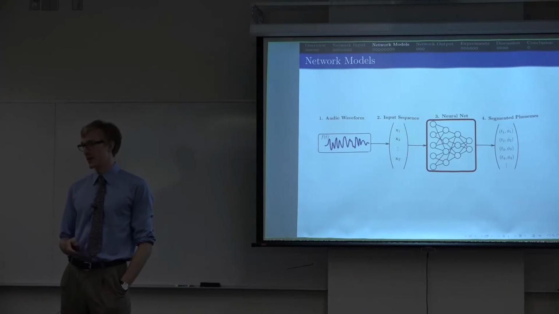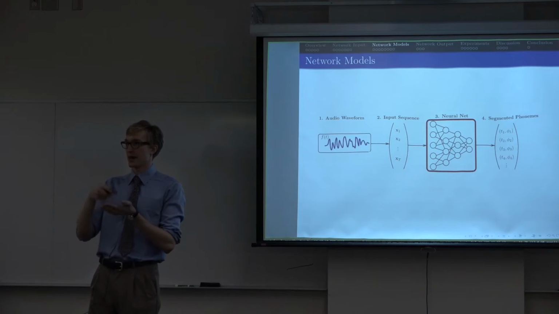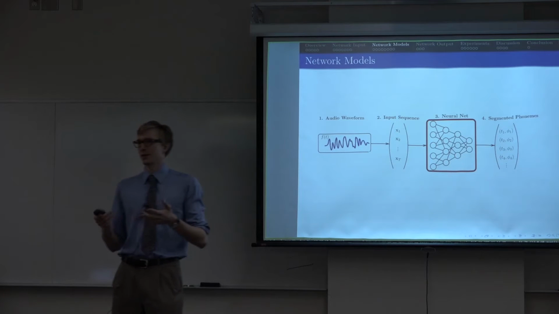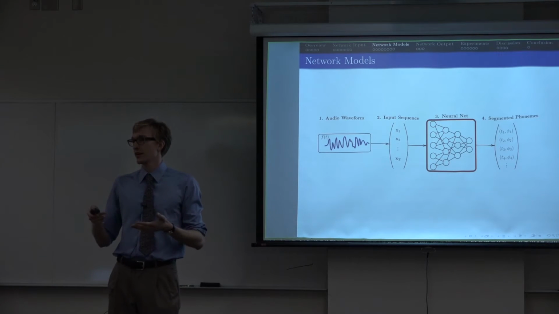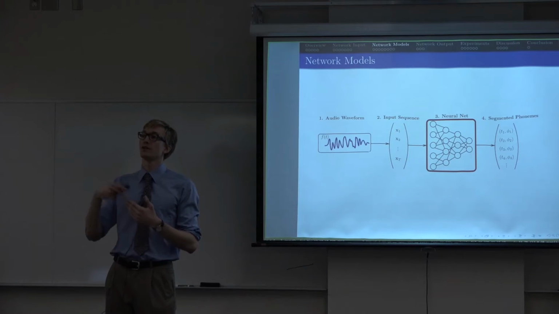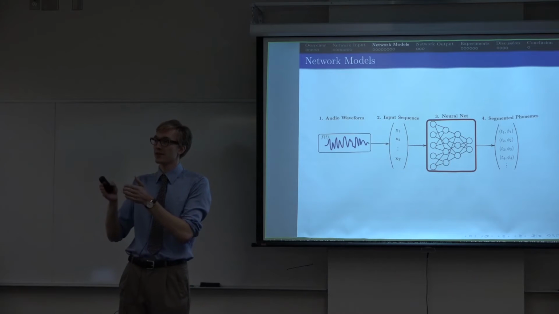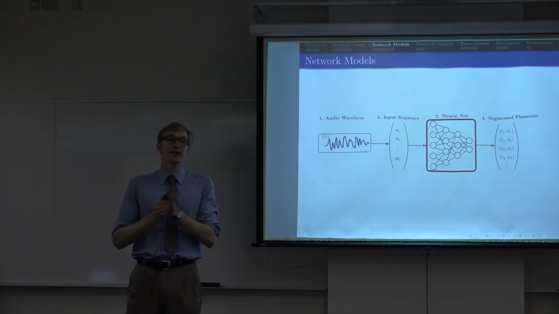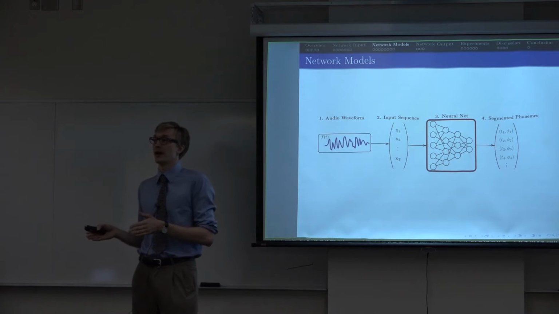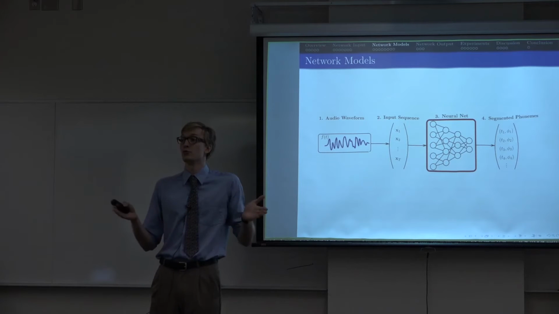So the MEL coefficients are just another way of representing the amplitude. If you just compute your DFT, you're going to get what we would call a linear representation. Whereas when you look at the way that humans actually process sound, we have a logarithmic interpretation of it. So high frequencies mean less to us in terms of the differences. If I sing a note to you at 4,000 hertz, that will sound almost exactly the same as a note at 5,000 hertz, whereas 400 hertz versus 500 hertz sounds like a huge difference.